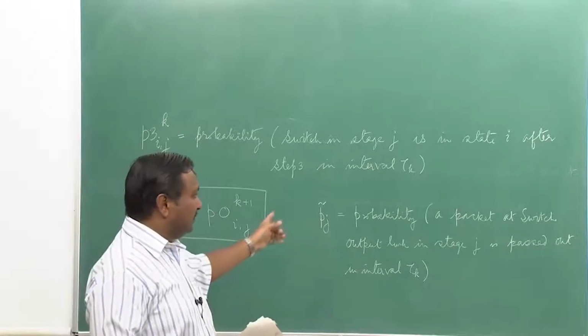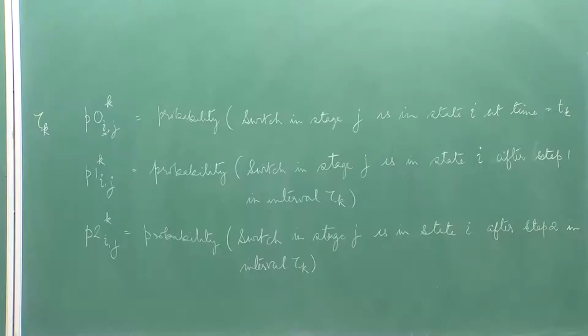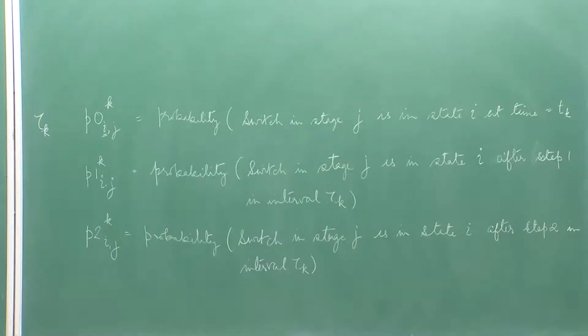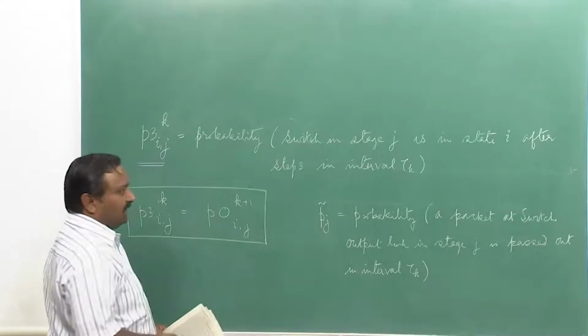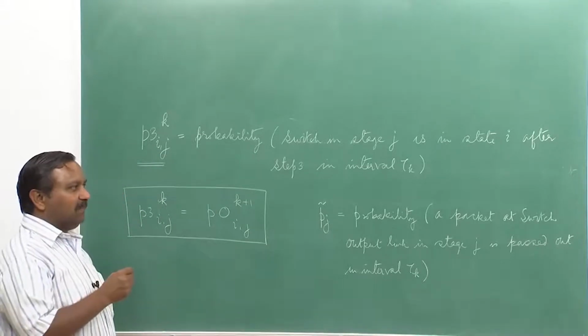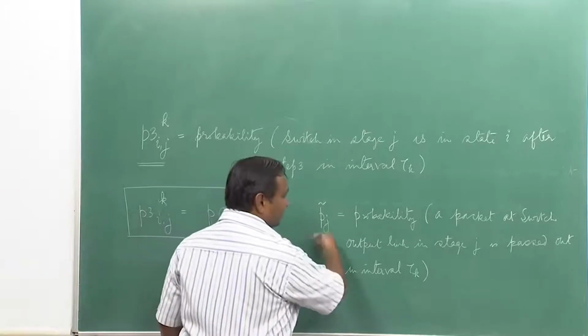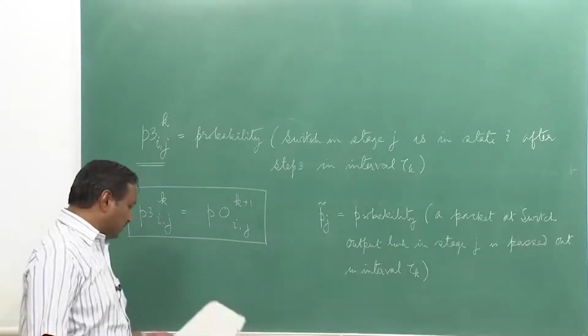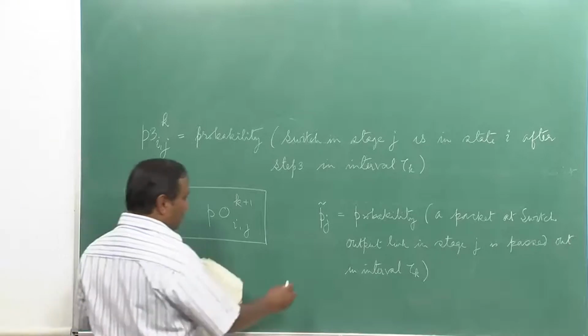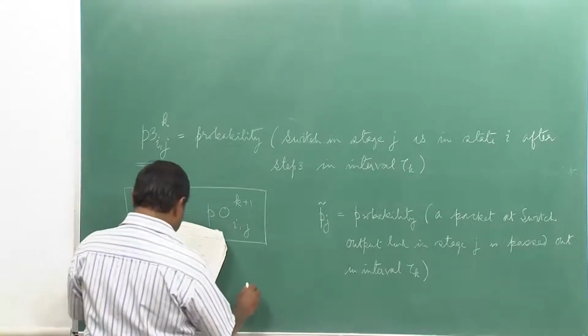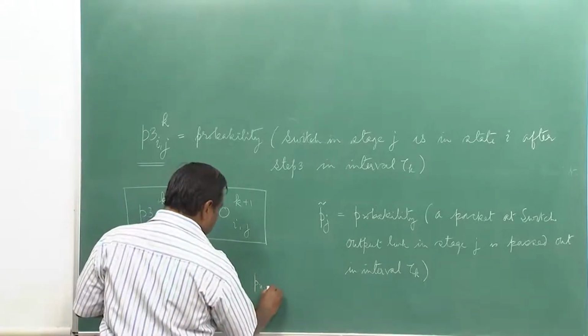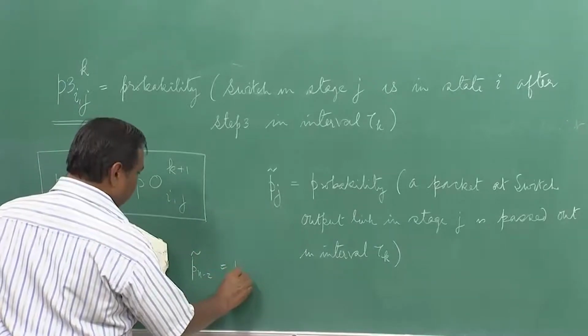In the n minus second stage, if a packet is present, it will certainly go out, conditioned on that. So the boundary condition is that Pn minus 2 tilde will be 1.0.